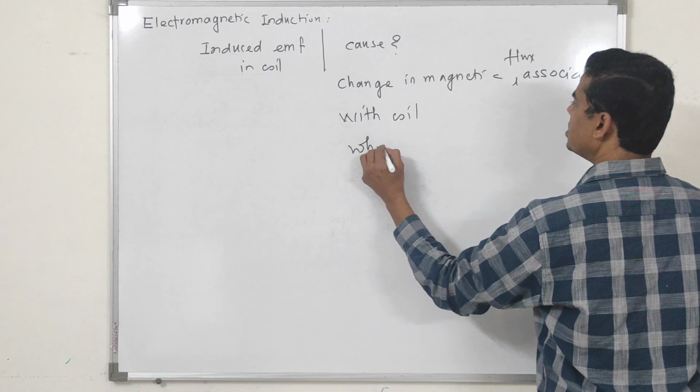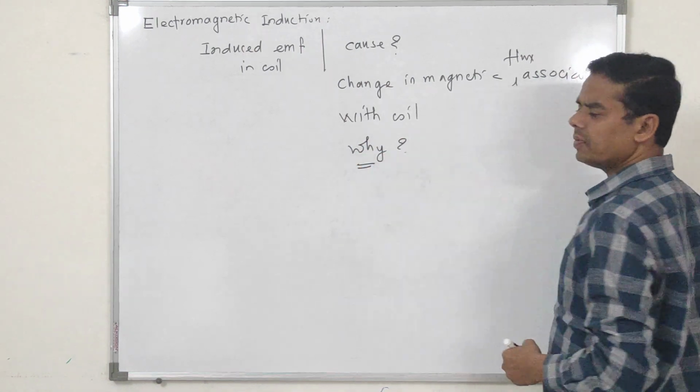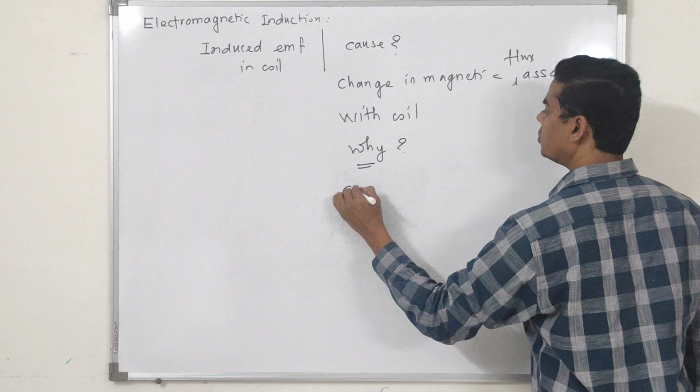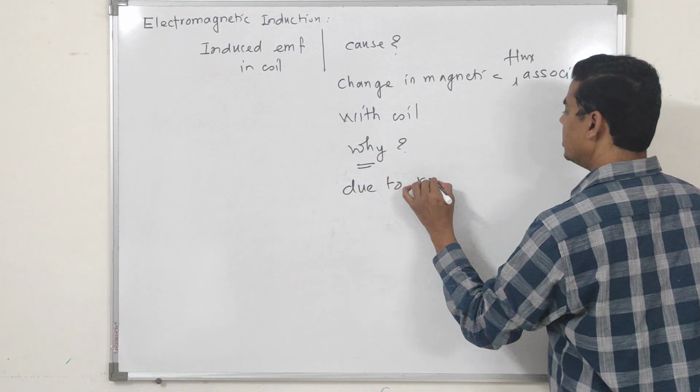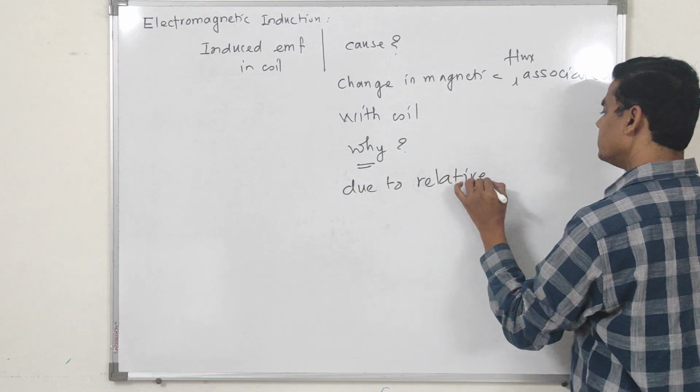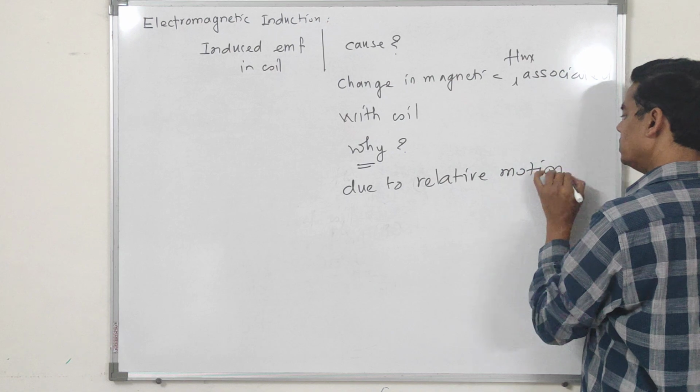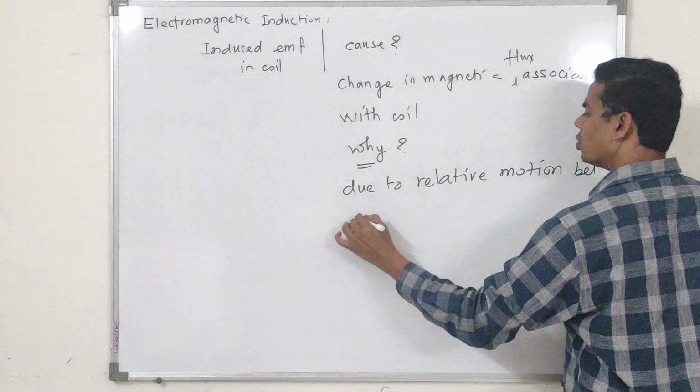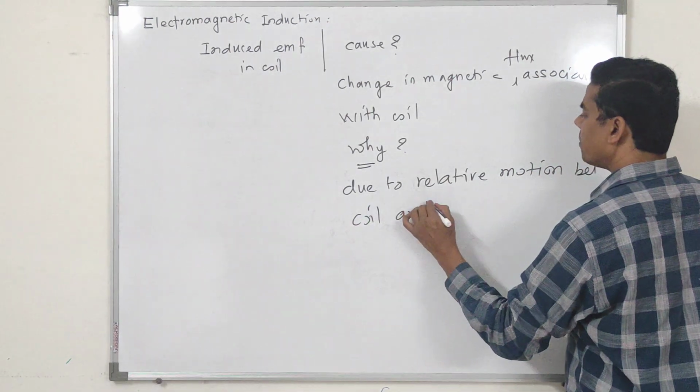Why does this change occur in the magnetic flux associated with the coil? Due to relative motion between coil and magnet.